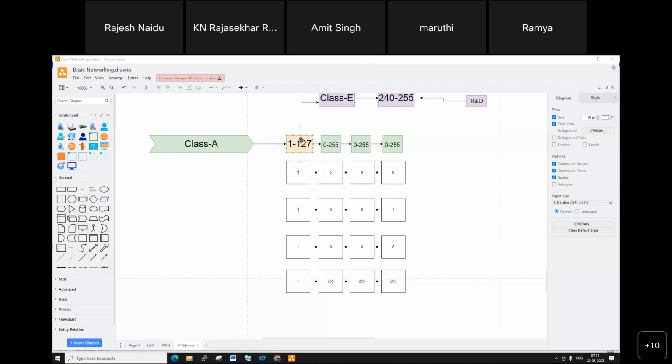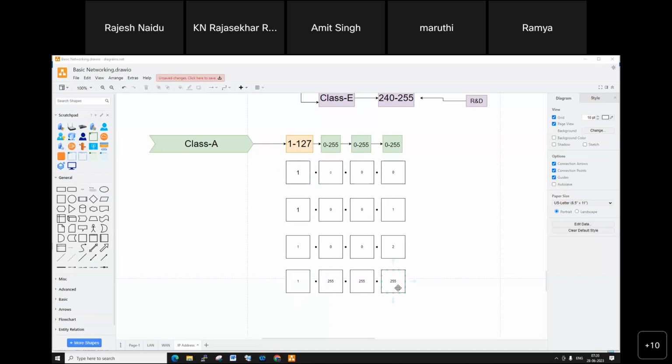So I'm taking only one number from these 127 networks, number 1. What is the starting IP address? The 1.0.0.0 combination starts here and ends with 1.255.255.255. So this is network number 1, and these are the IP addresses we can create.